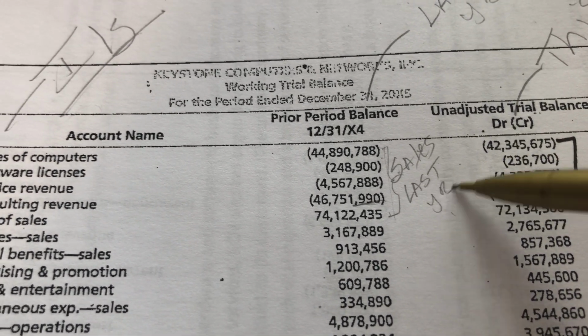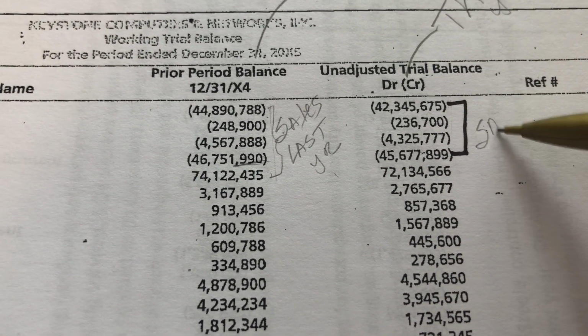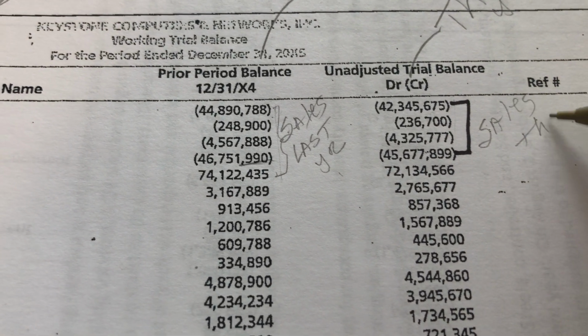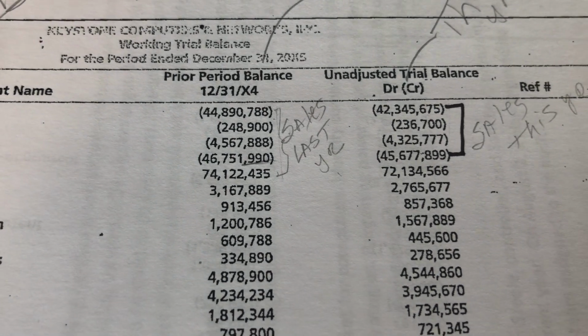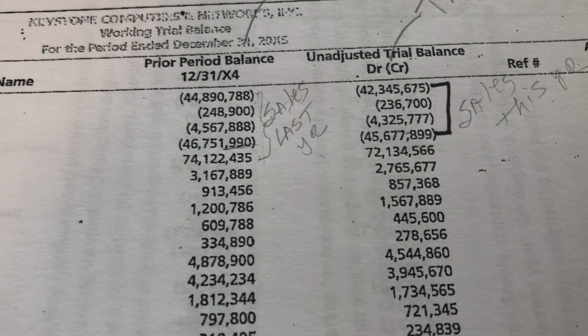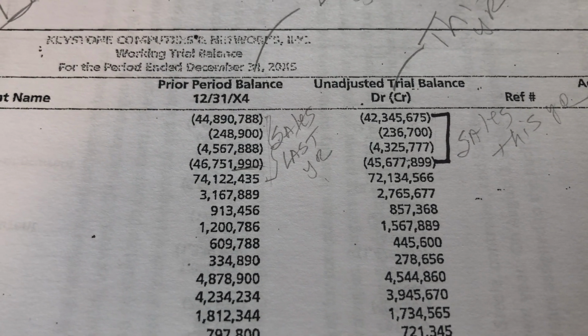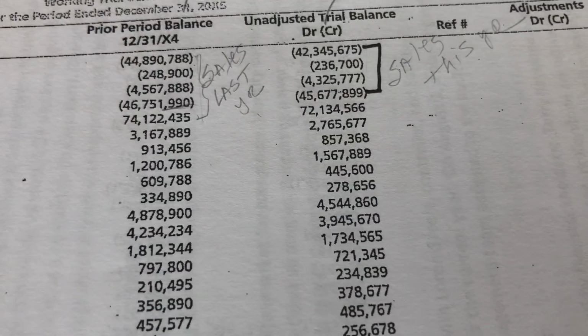So you have to add all four of those. So the first four numbers here would be sales this year. Now, normally when you have net sales, items that would be subtracted out would be returns and discounts. Okay, returns, allowances, discounts. I don't know that there are any here.